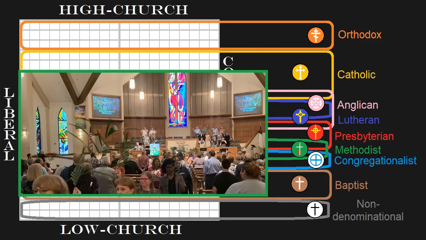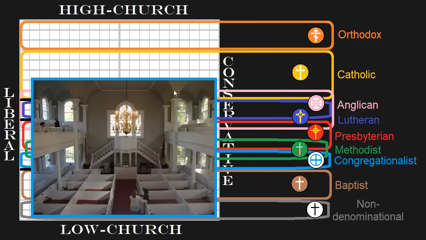Methodists and Congregationalists are in a similar place to Presbyterians. There's a lot of overlap. I would say Methodists and Congregationalists, especially Congregationalists, are a bit more low church than Presbyterians because they didn't exactly come from the Reformation itself. They came mostly from the Great Awakening and maybe the Puritan era, which came a bit after the Reformation, where people were shifting in an even more low church direction, even more away from the traditional religious institutions and more towards a personal relationship.